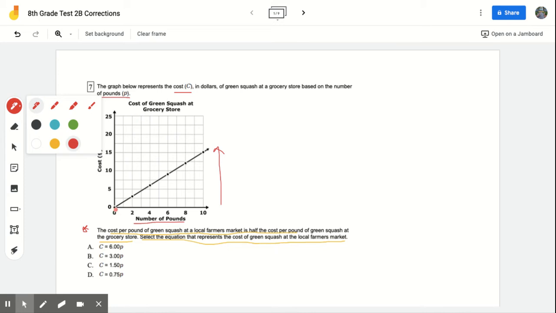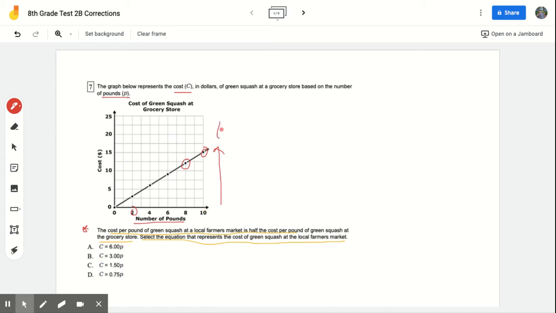So let's look up here at the grocery store's cost. If I'm using this chart, this would be 2 pounds costing maybe $2.50, a little bit higher. I can't quite tell. This spot right here is 8 pounds costing almost $17.50. I can't quite tell if it's there, but this one I like because it's right on the line.